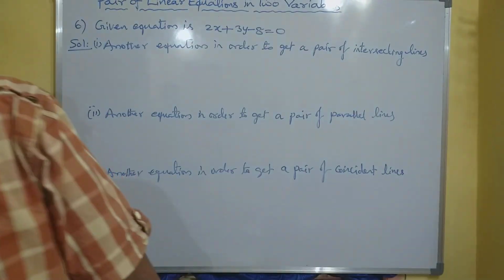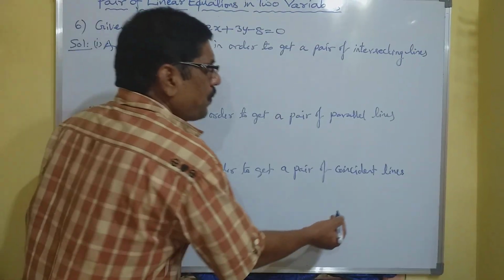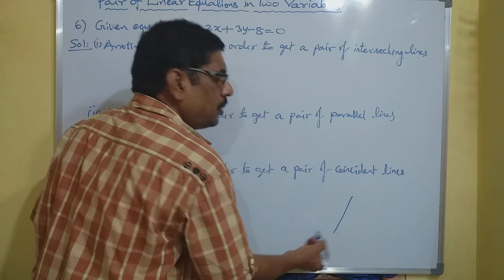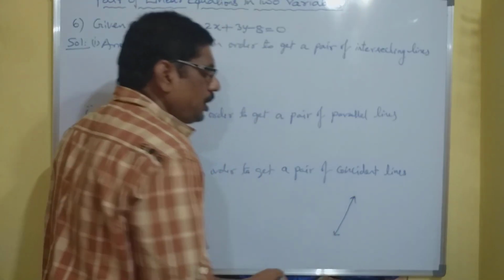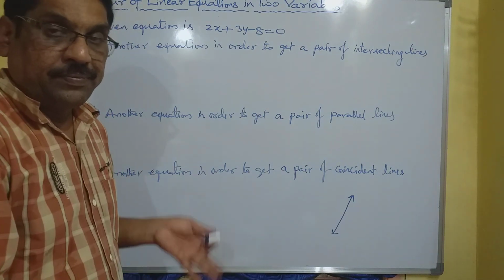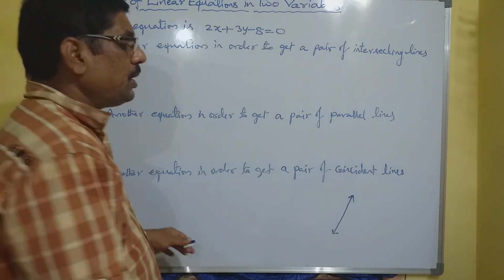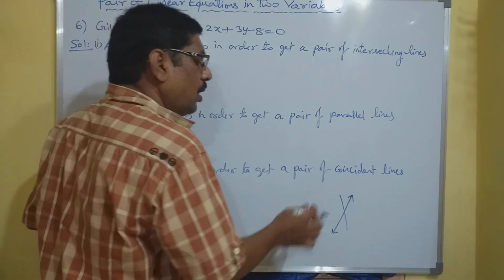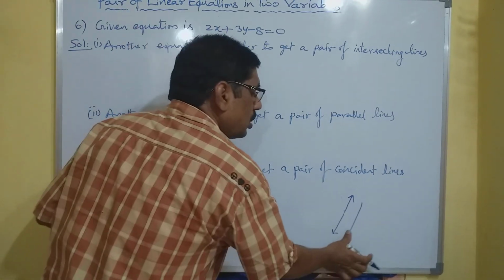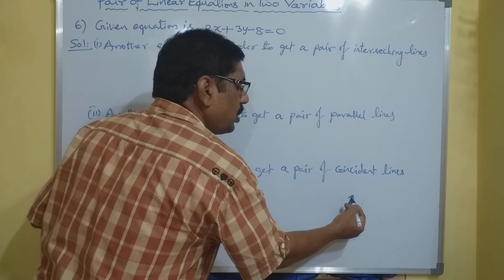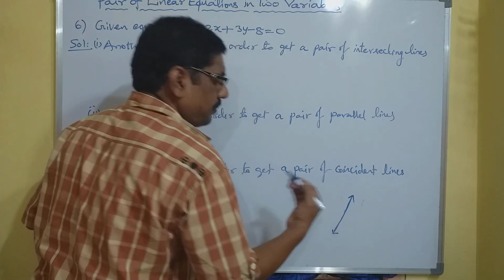For example, one line is given, you need to draw another line. That second line may be an intersecting line, or a parallel line, or the coincident line of the given line.